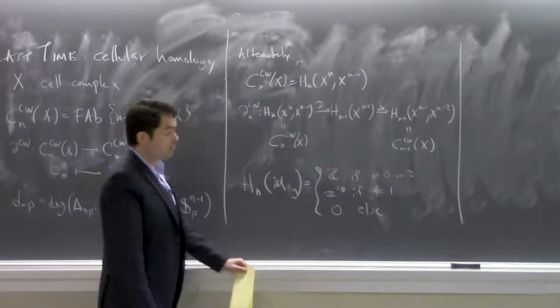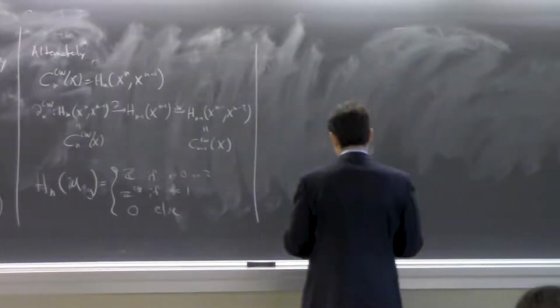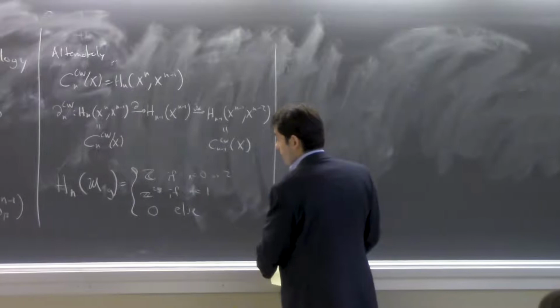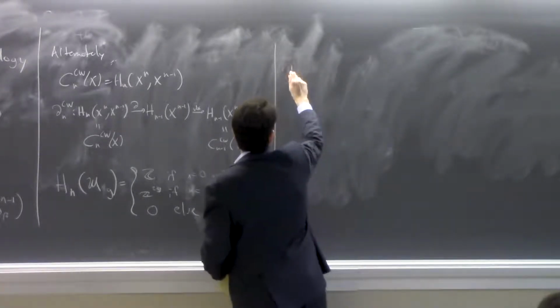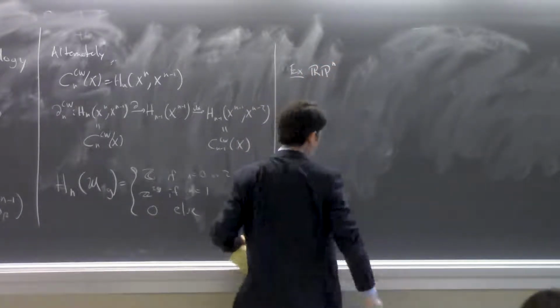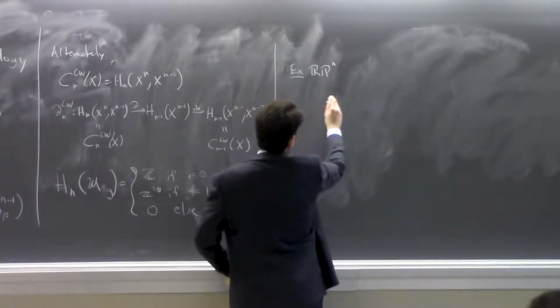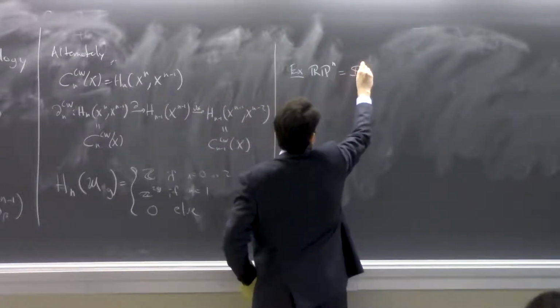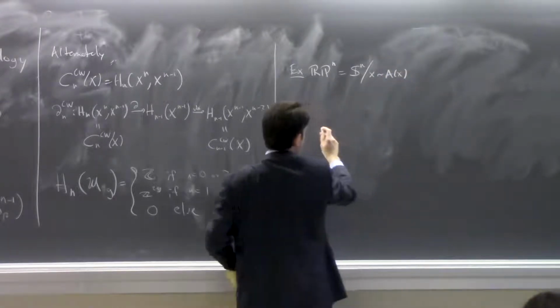We also did the case of RPn, which will come back, so I want to talk about it again. So RPn is the quotient of the sphere when you identify every point with its antipodal point.